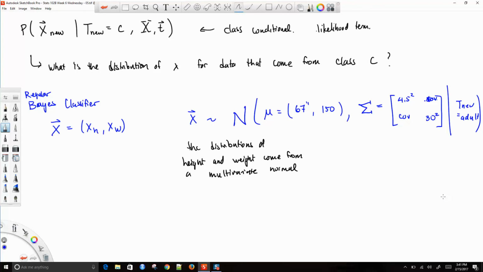And then I would make a similar type of distribution if the class is a child: the mean height of all children, the mean weight of all children, and the covariance term there.